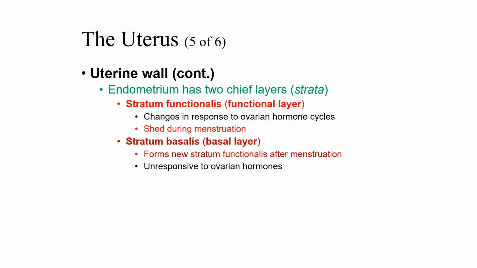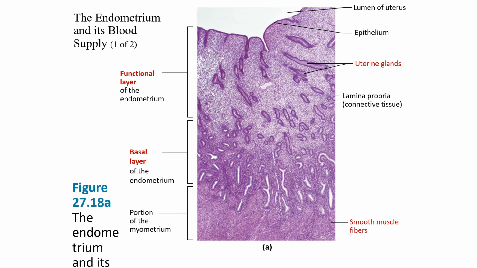The functional layer is going to respond to ovarian hormones. And so here we have a figure of the endometrium, and you can see the epithelium, you can see the uterine glands, the smooth muscle, which is going to be what? The beginning of the myometrium. The functional layer, which is sloughed off during menses, and the basal layer.